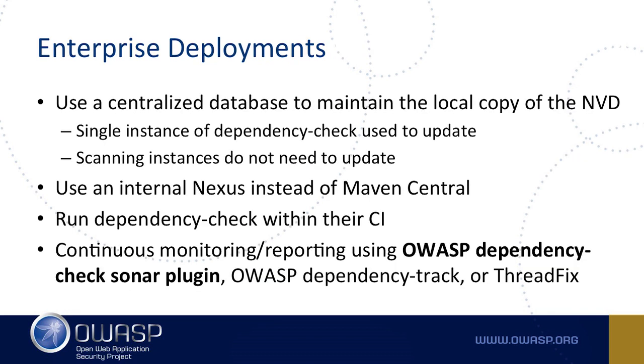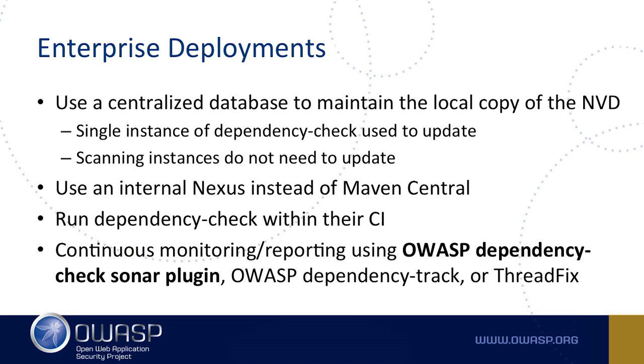So one of the things I want to talk about is a problem that crops up when people want to start out with an enterprise deployment. One of the problems we've seen when people try to deploy this across a larger enterprise is that each individual instance, by default, will maintain its own copy of the NVD CVE data.